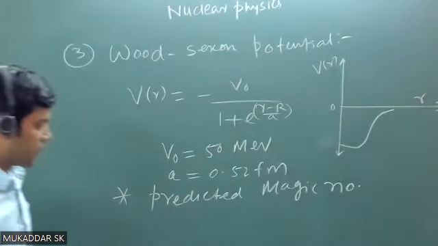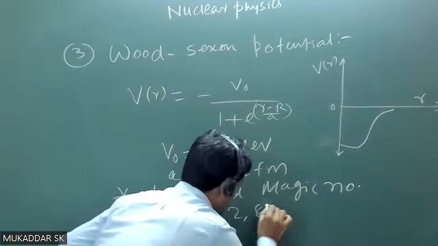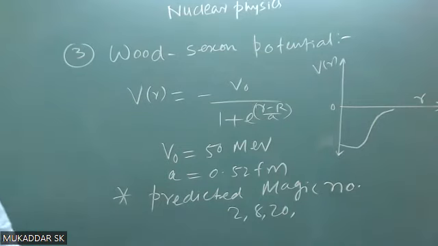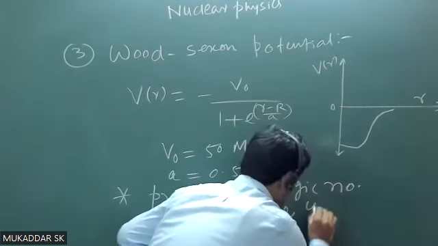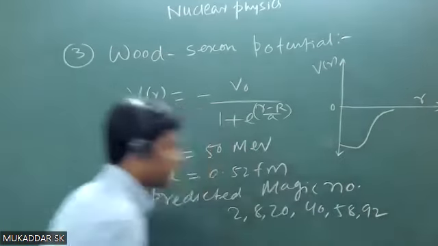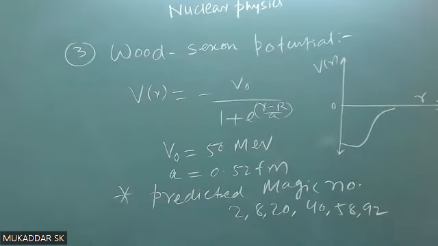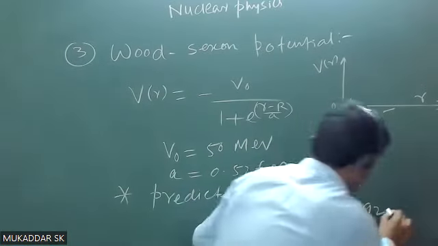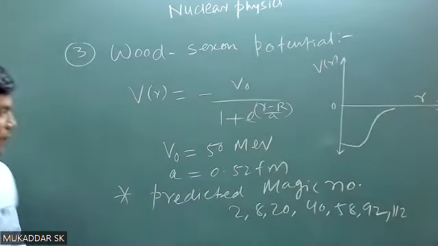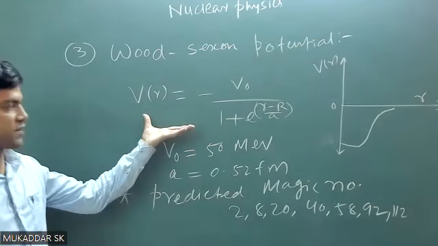The predicted magic numbers were 2, 8, 20, and then you have 40, 58, 92. Okay, and you have one more. So this many magic numbers are predicted when they are taking the Woods-Saxon potential.